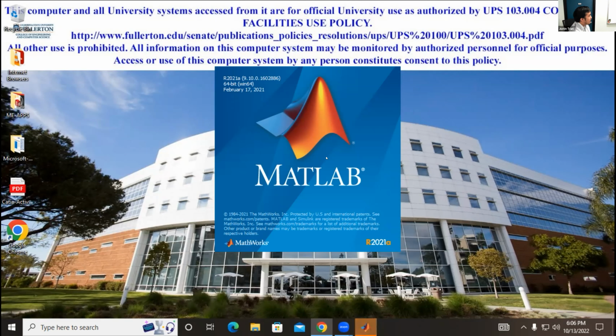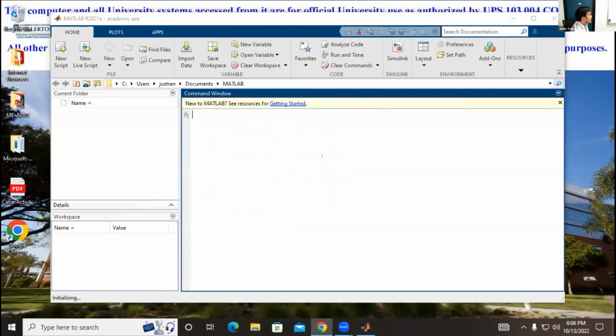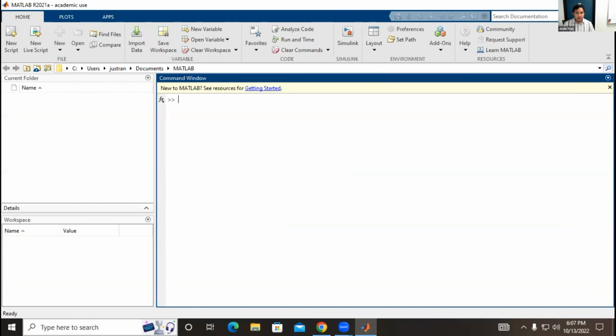Basically, the idea is that since we have the system in matrix form, we're going to input these into matrices within MATLAB, and then use a special command to actually solve it.